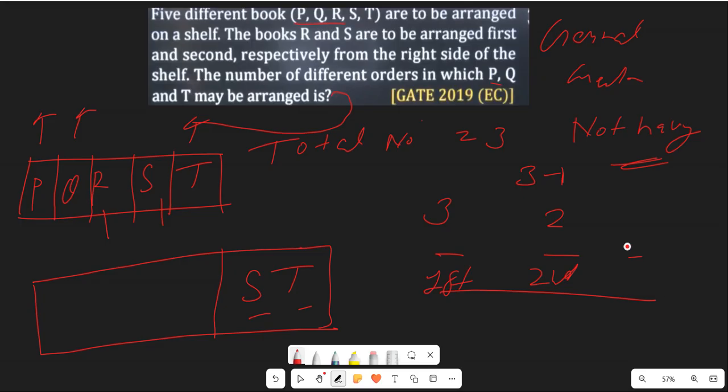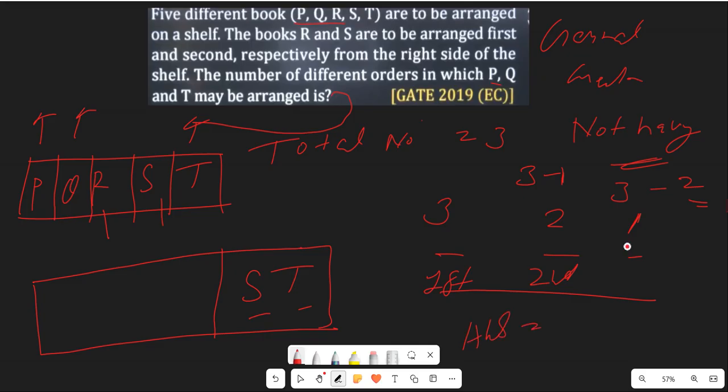For the third position, 3 minus 2 is equal to 1, because two books are already taken in the first and second positions. So the third position has 1.